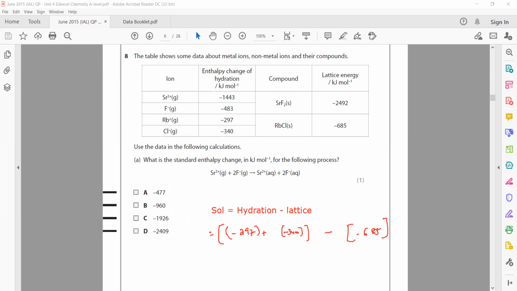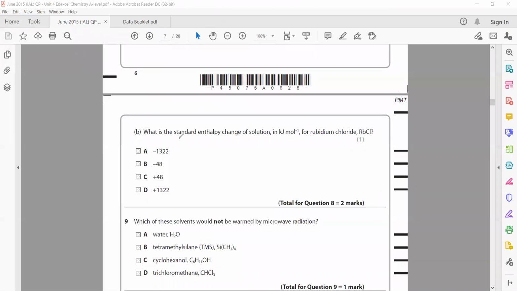So when we solve hydration minus lattice energy, it will come out as plus 48 kilojoule per mole.